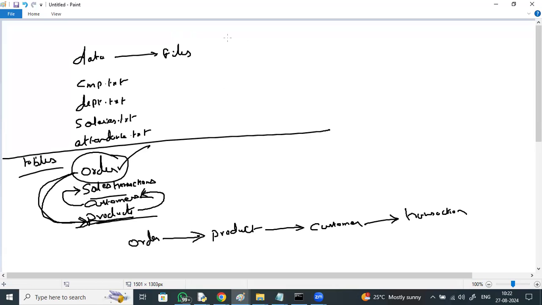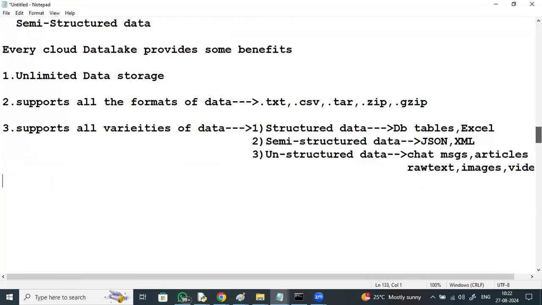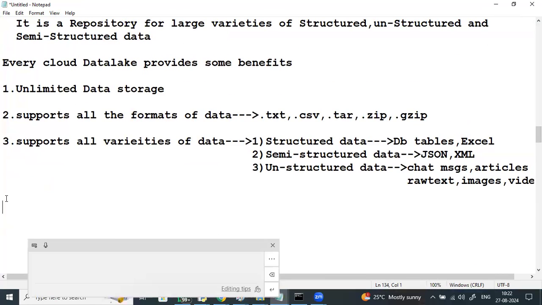So what I'm expecting is that if there is a file, we cannot have a relationship, right? So next, observe here.